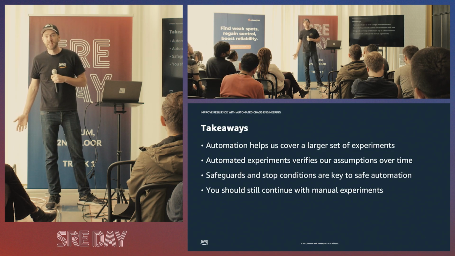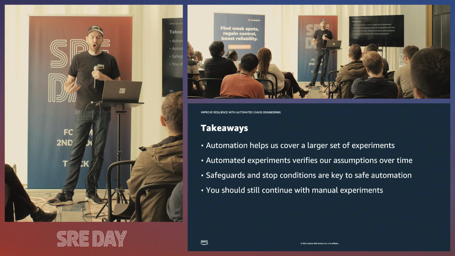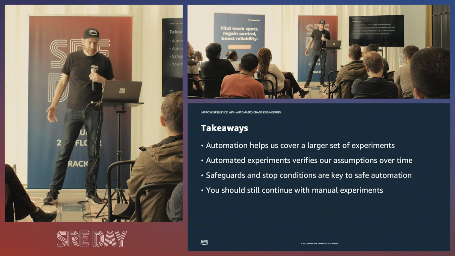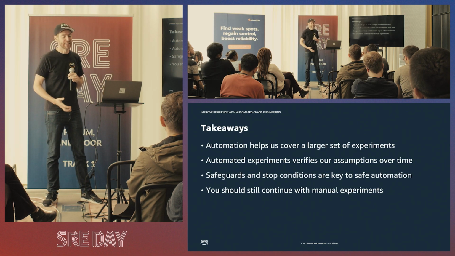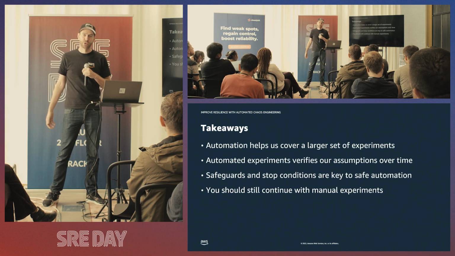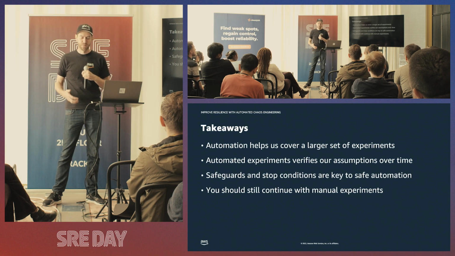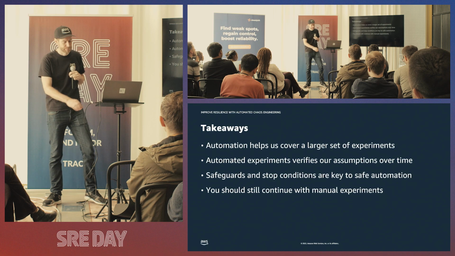And the automated experiments, they verify our assumptions over time as unknown parts of the system are changed. And the safeguards and the stop conditions, they are definitely key to doing safe automation. And finally, introducing automation in chaos engineering does not mean that we should stop doing manual chaos engineering experiments.